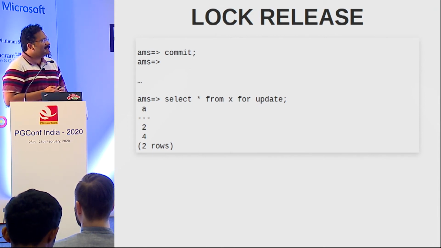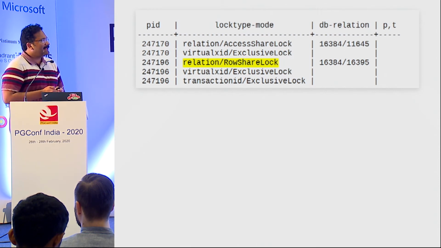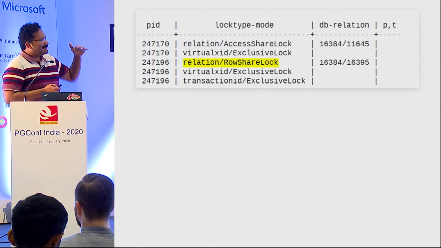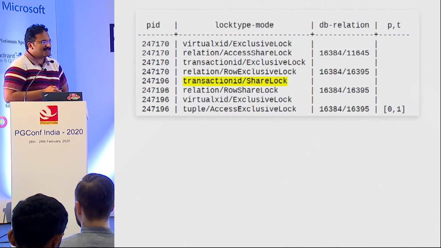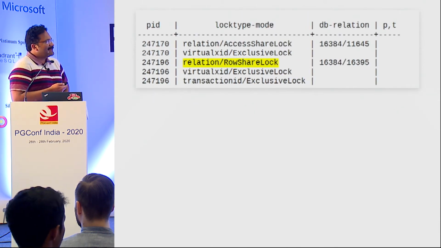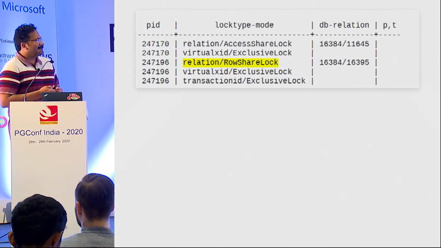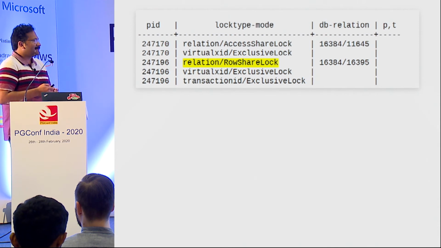And if you look at pg_locks again, the transaction that ran the update and which has now committed had 4 locks before. Here are the 4 locks. It doesn't really matter what they are. But it has released them, and now 247196 has a row share lock on the relation. 16395 is the OID of the table X.